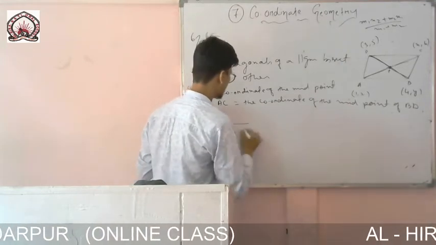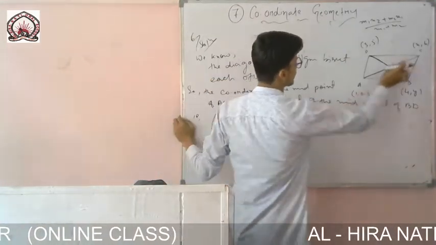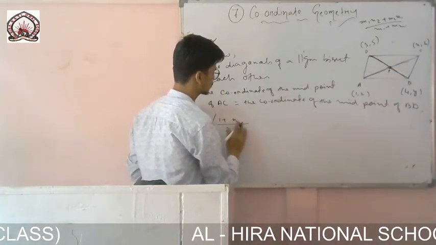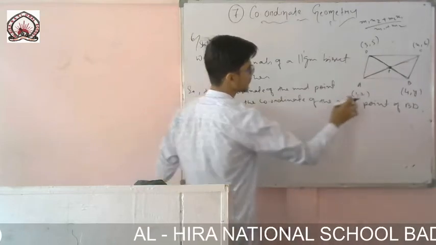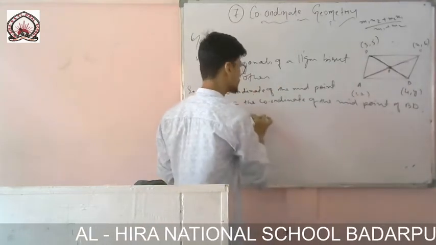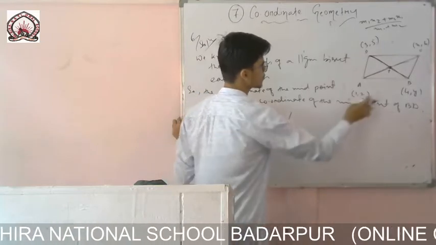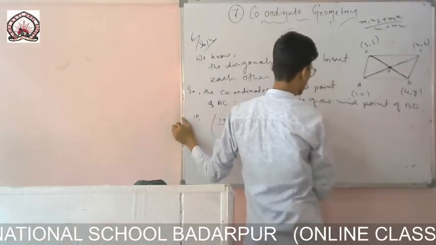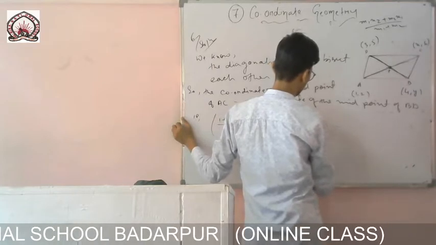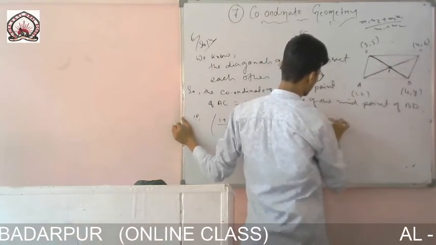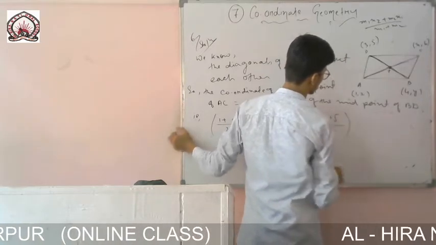It will be (x1 plus x2) divided by 2, that means (1 plus x) divided by 2, comma, and for y, (2 plus 6) divided by 2, which will be equal to (4 plus 3) divided by 2, comma, (y plus 5) divided by 2.